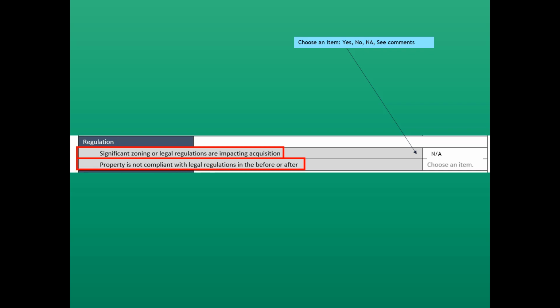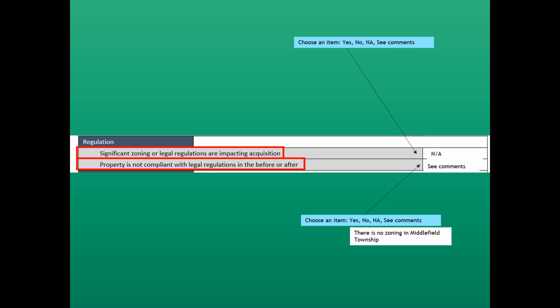Second question is, the property is not compliant with legal regulations in the before and the after? We've got a choice, and the answer with that will be C, comments. And we're going to put an explanation in there that there's no zoning in Middlefield Township, so there's nothing to comply with. So therefore, you're not non-compliant.